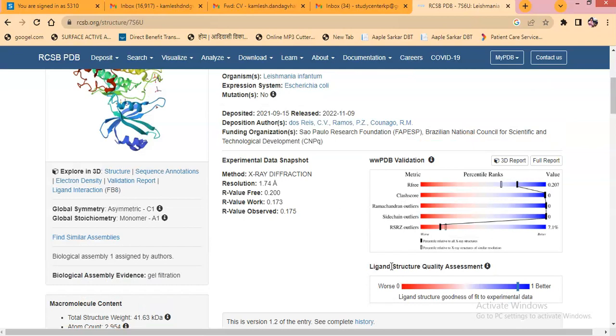Here the quality assessment was done, showing worse and better, and it is showing a better one.